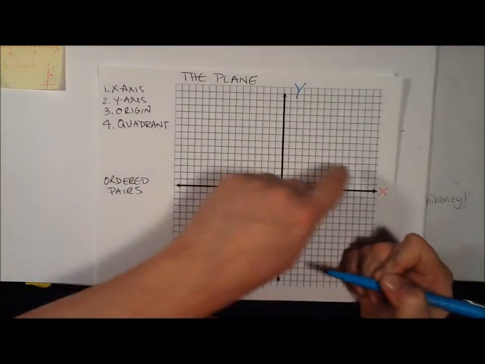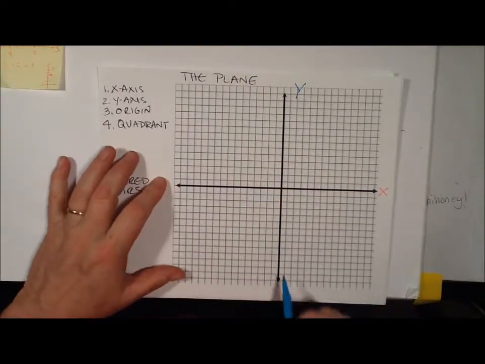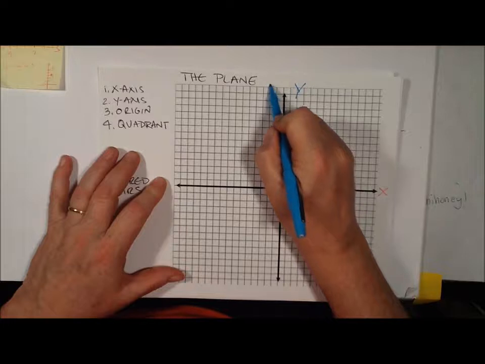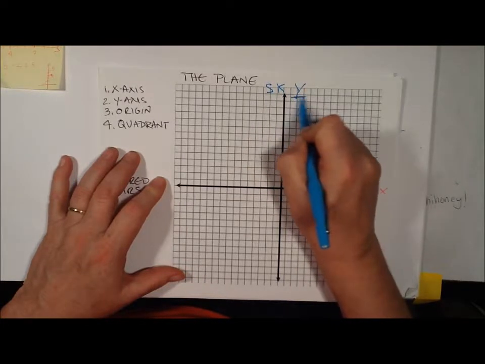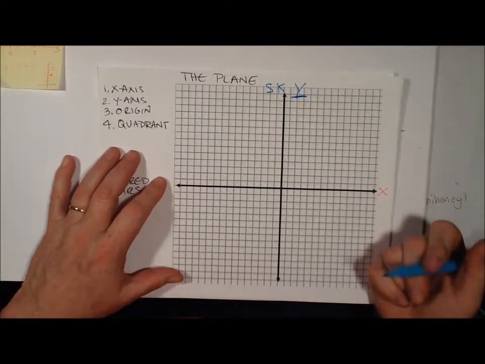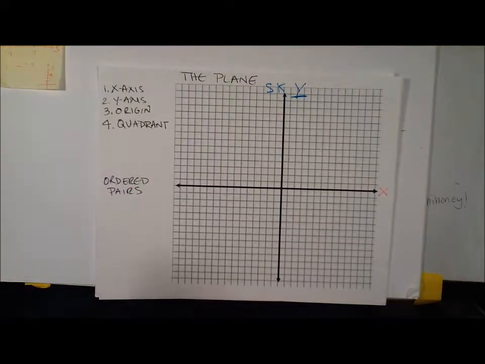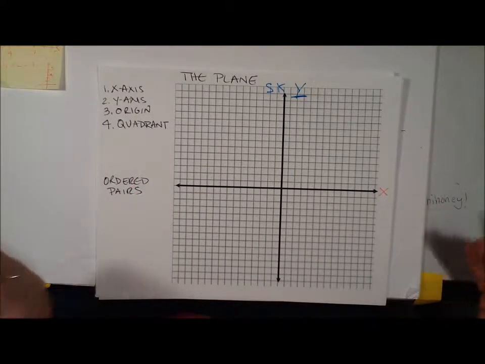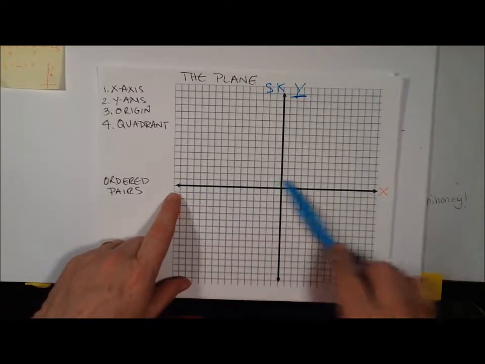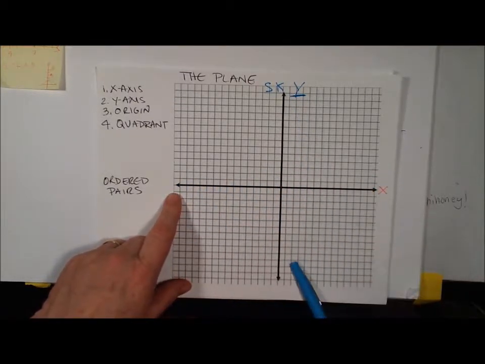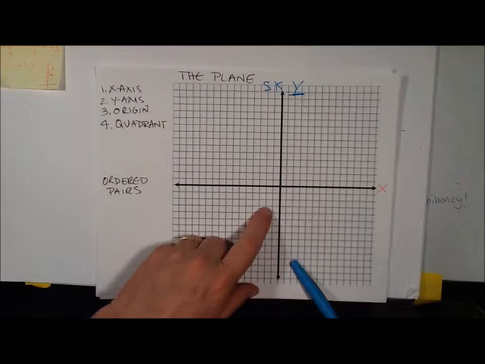And the way I used to remember the difference was the fact that the y-axis pointed to the sky, and sky has the word y in it. So that's the basic ways that we're going to use to navigate this plane. We're going to either go sideways or up and down for the moment.